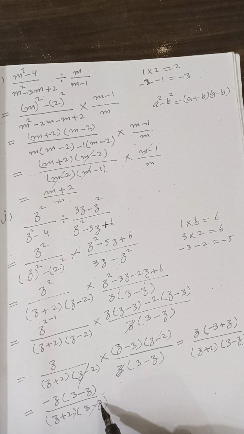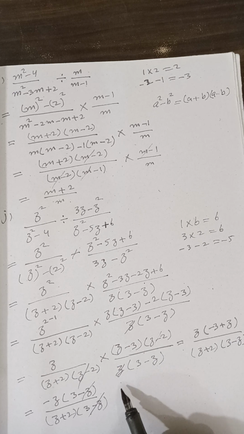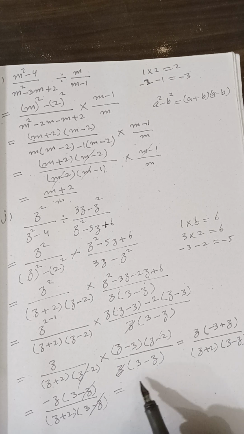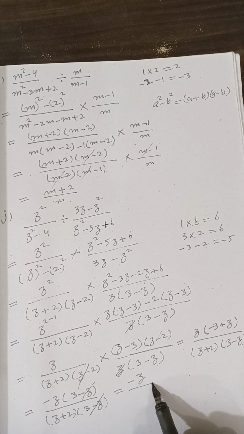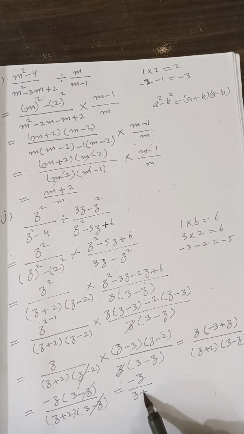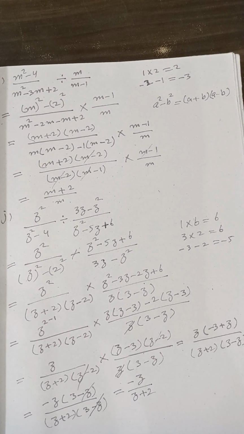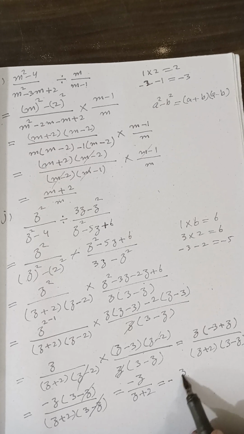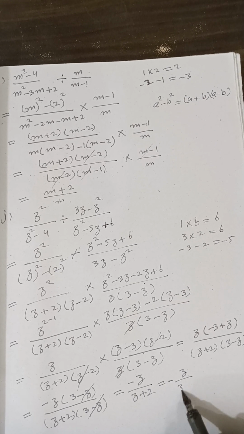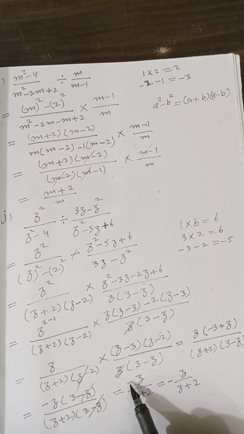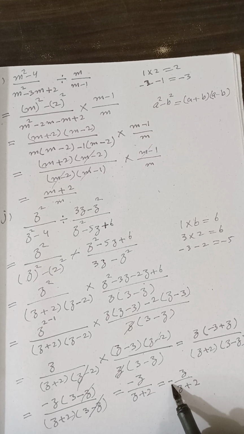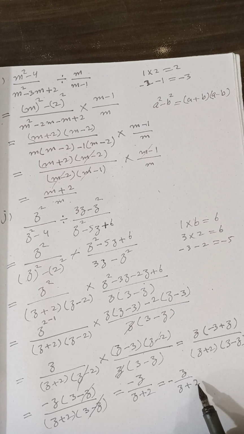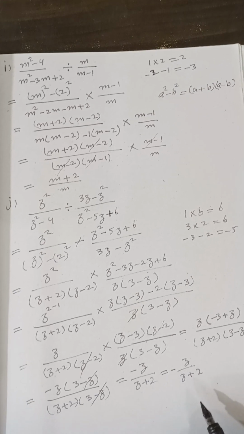Now cancel this 3 minus z and 3 minus z. The remaining portion of the question is minus z over z plus 2. You can write it as minus z over z plus 2. This sign can also be written in front of this line. No matter, this is our final answer.